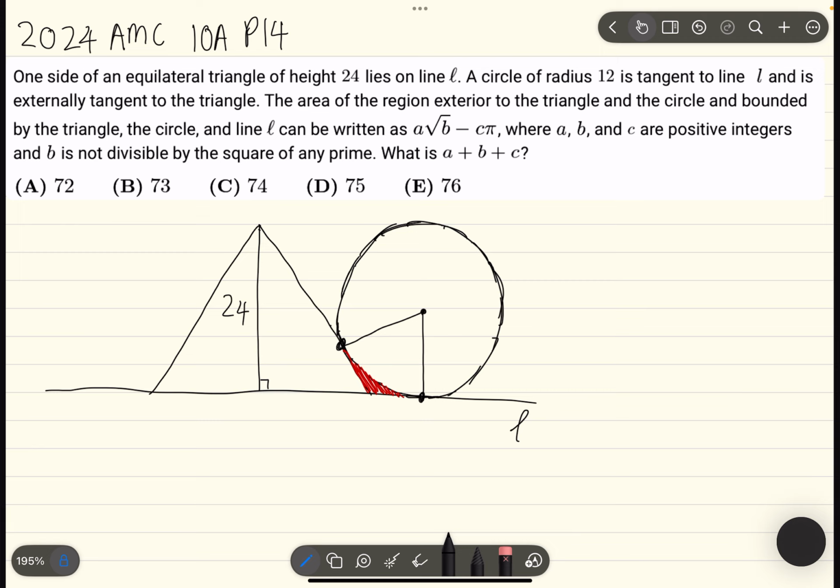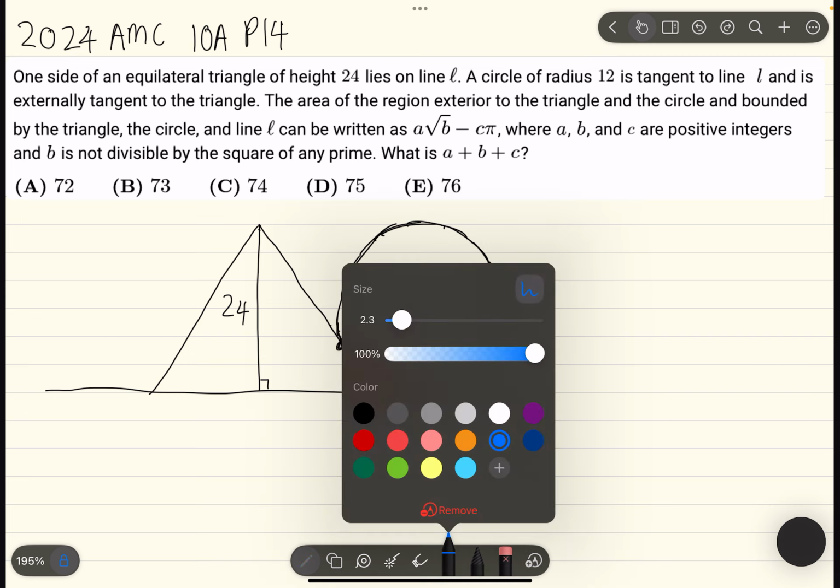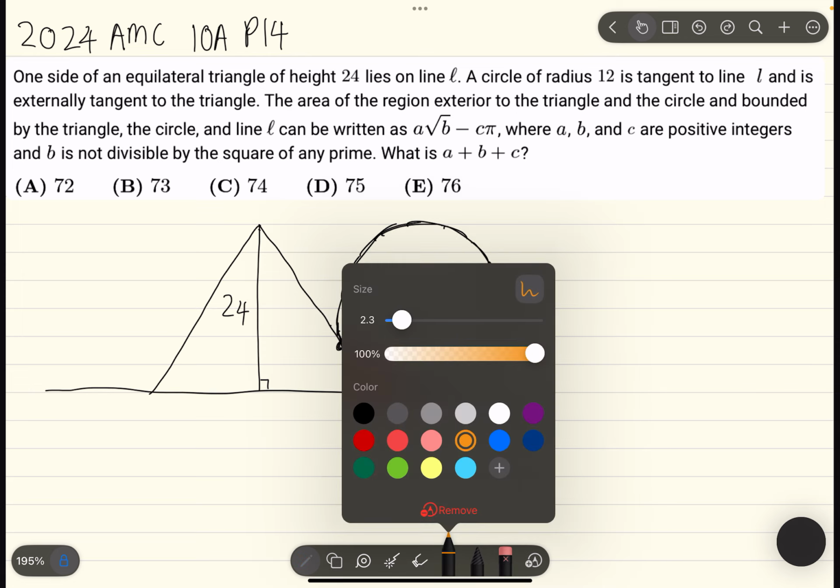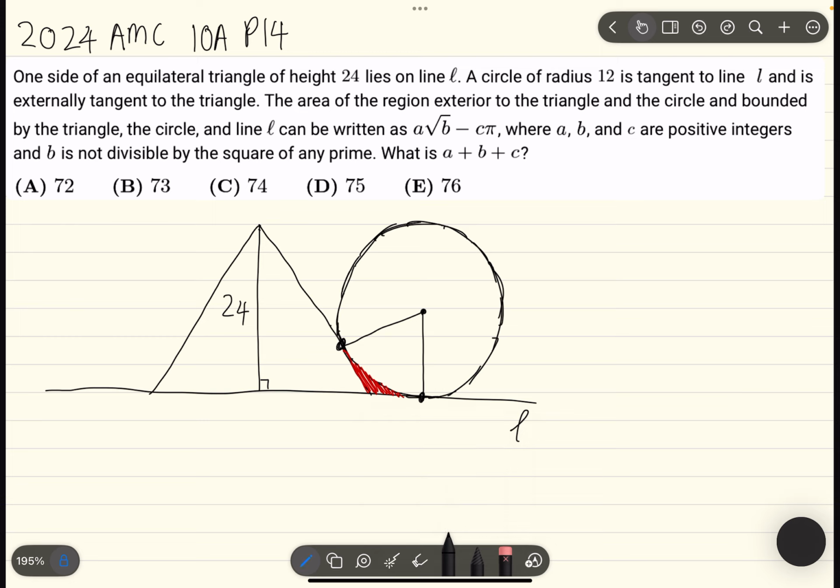Then realize that the area of the blue thing, whatever it is for now, minus the area of the orange sector here, part of the circle, will be our answer. So how do we find the area of both of these? Well, we can draw another line and split this in the middle. And we get two triangles. So 2 triangles minus a sector. That's not that hard, right?